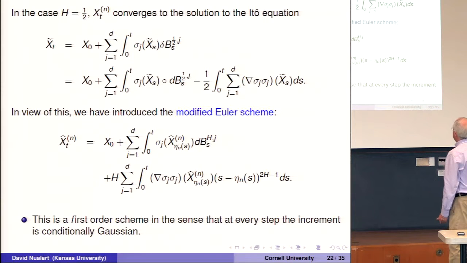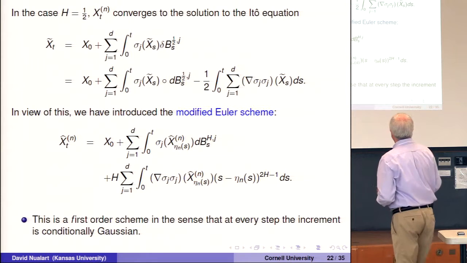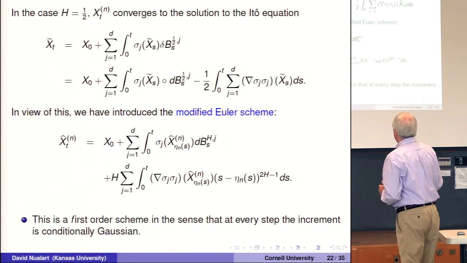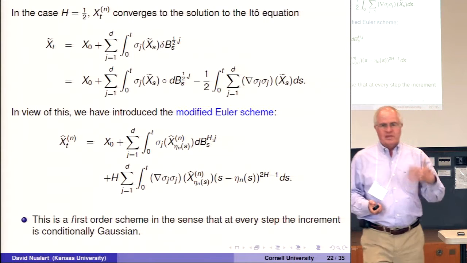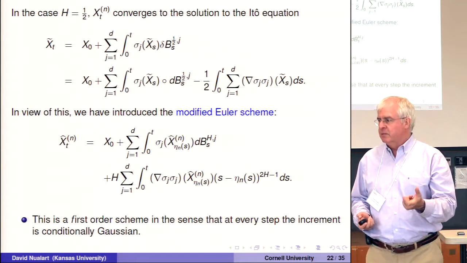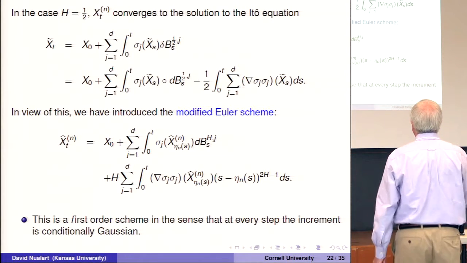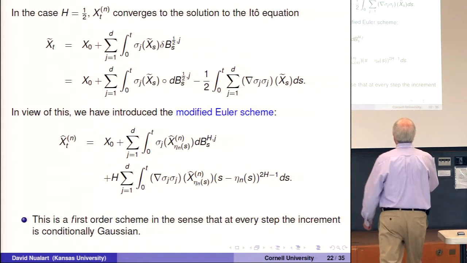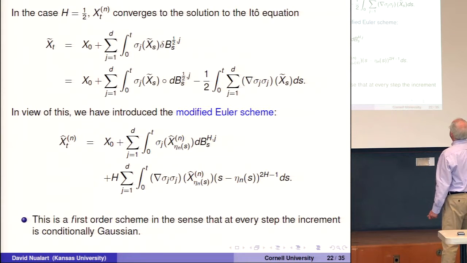And this is still an Euler scheme, of first order, in the sense that it is conditionally Gaussian. We are not adding quadratic functionals of the increments of the fractional Brownian motion. We are just adding a term which is similar to the correction term in the relation between the Ito and the Stratonovich.